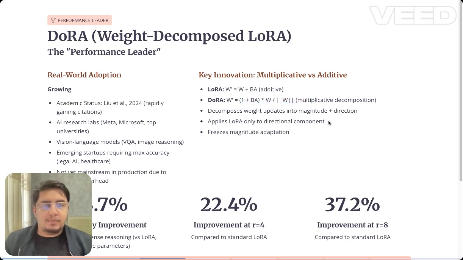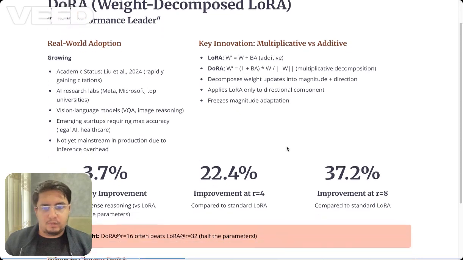So the decomposition of weights is not just scalar; it updates both the magnitude and the direction, whereas LoRA just applies the directional component. In that sense, DoRA does seem to outperform LoRA, both theoretically as well as statistically, as seen by many experiments by this point.